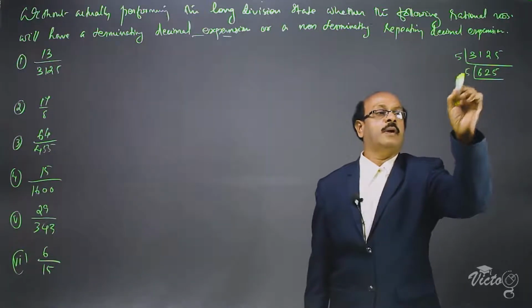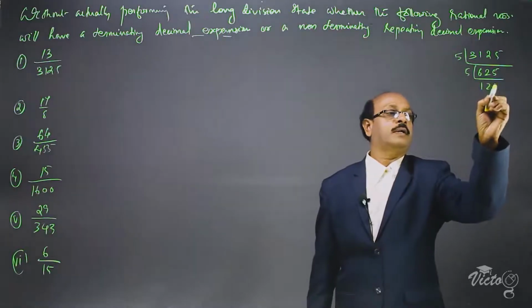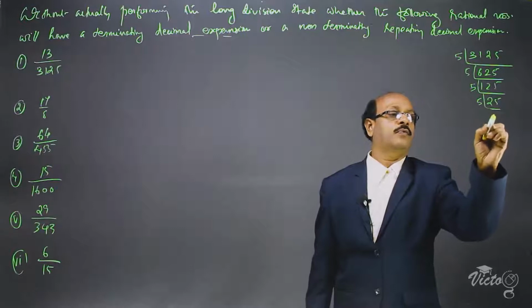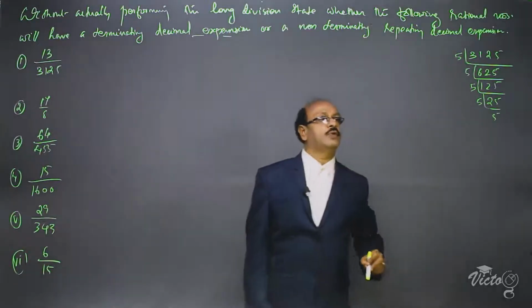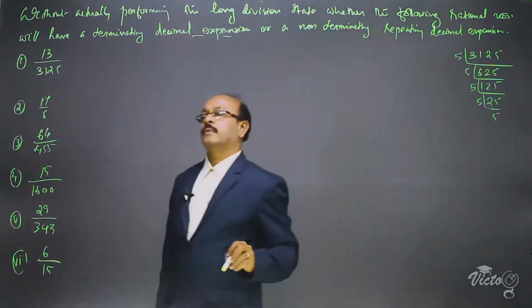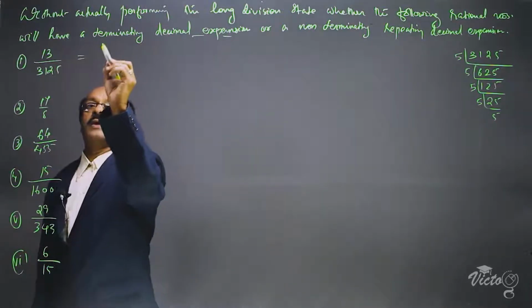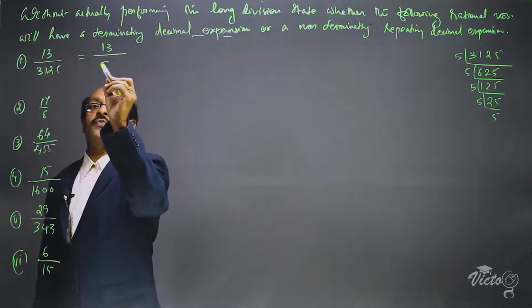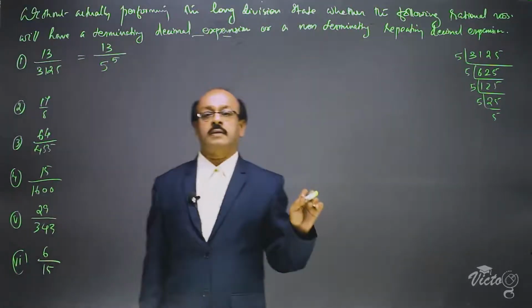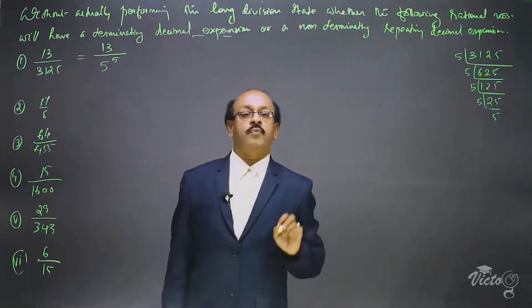Again we can divide it by 5, 125, again by 5, 25, 5, 5, which is equal to 5 into 5 into 5 into 5 into 5. That means 5 raised to 5. So this is equal to 13 divided by 5 raised to 5. That is, the prime factorization of the denominator contains only the prime 5.